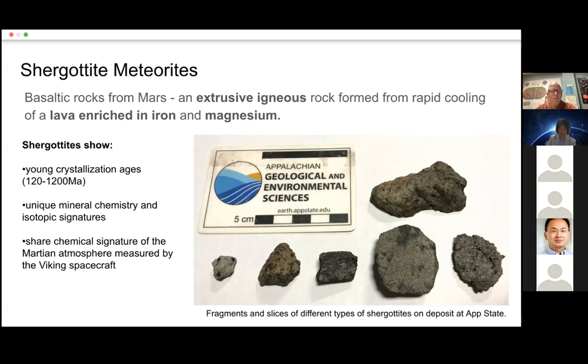Shergotites also contain unique chemical signatures that we find in the minerals olivine and pyroxene. Now, these minerals are very common to most meteorite types that are made out of rocky minerals, but the shergotites contain more iron-rich varieties of these olivine and pyroxene minerals.